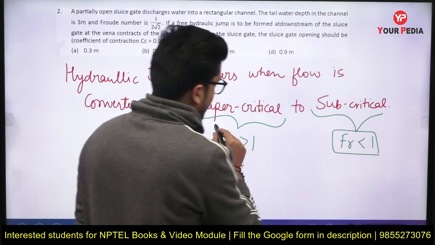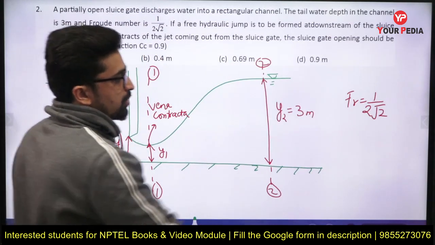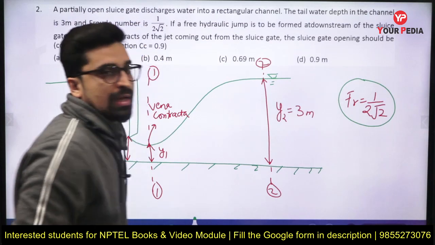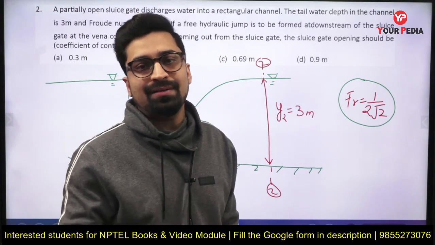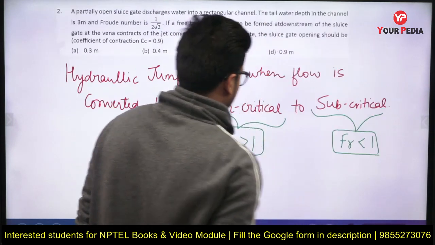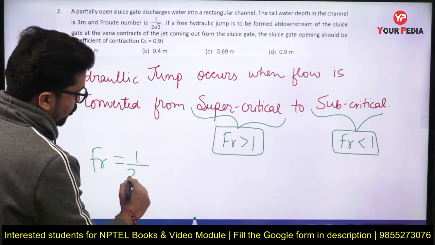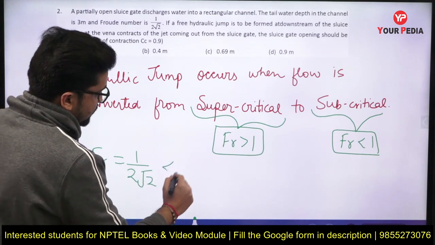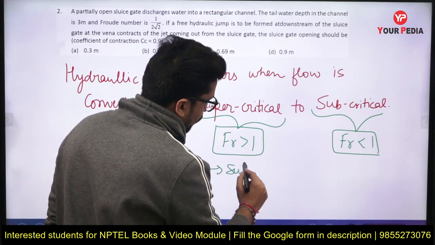Is that clear? Since they have given in the question that the Froude number is 1 upon 2 root 2, you can see that 1 upon 2 root 2 is obviously less than 1. Hence this is subcritical flow.